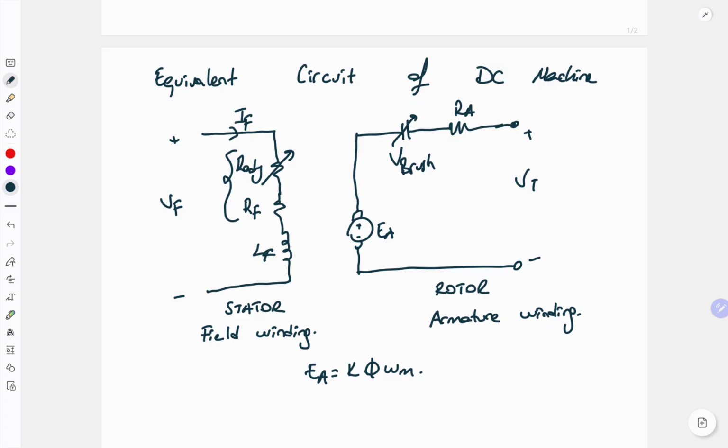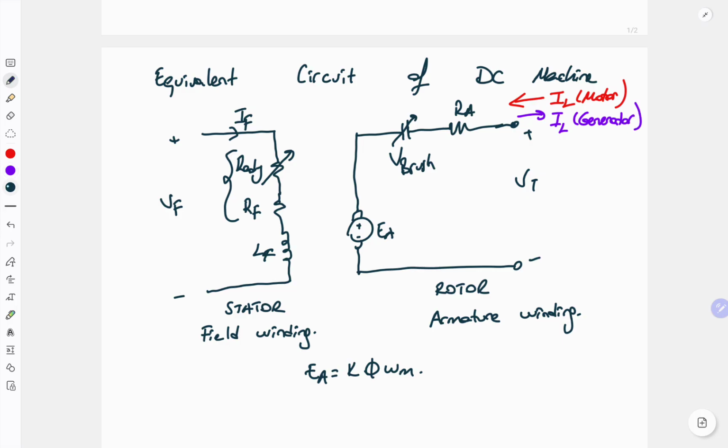So because of this, if we have a motor operation, the line current must show inside for the motor operation. And if we have a generator operation, IL will be out.